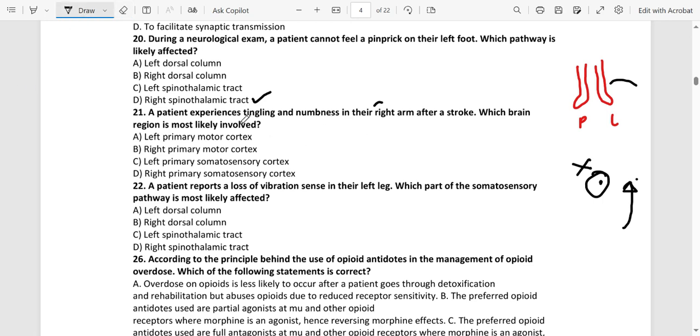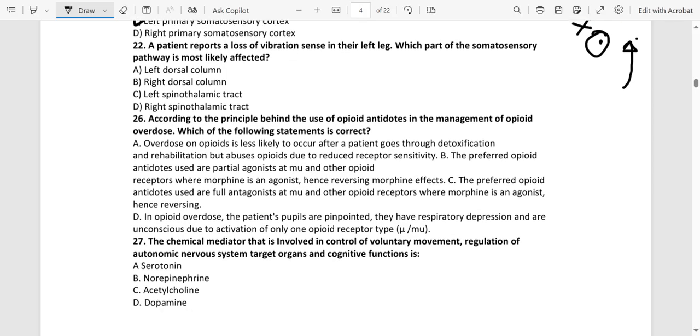So this patient has a problem on the right arm, so it is the left primary... okay, what are we talking about? It's numbness. When you are talking about numbness, that is a sensation, it's not motor. So the answer is left somatosensory. Motor would apply only if we said they were not moving the muscles.